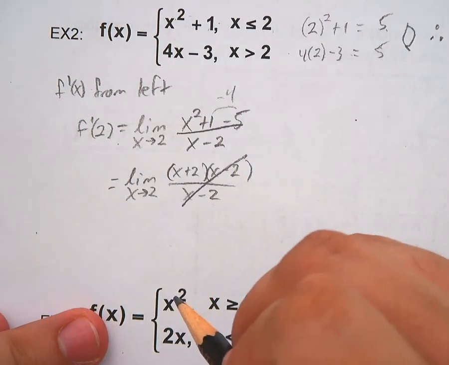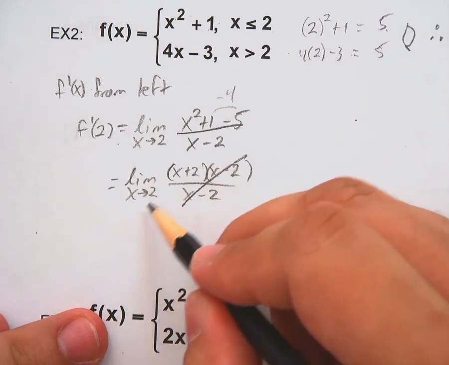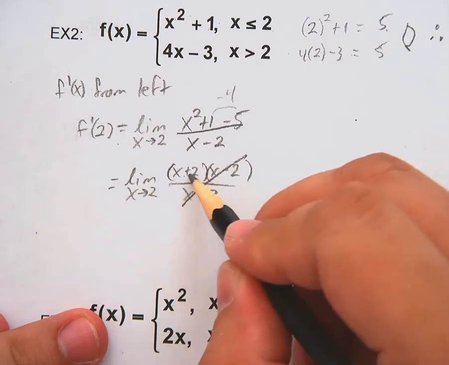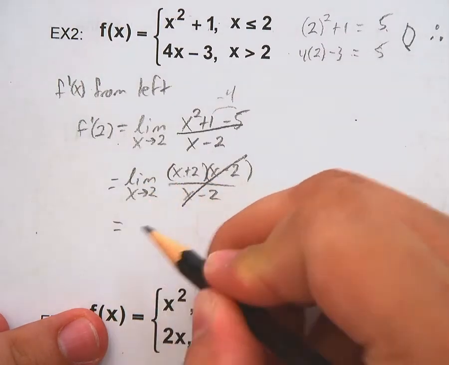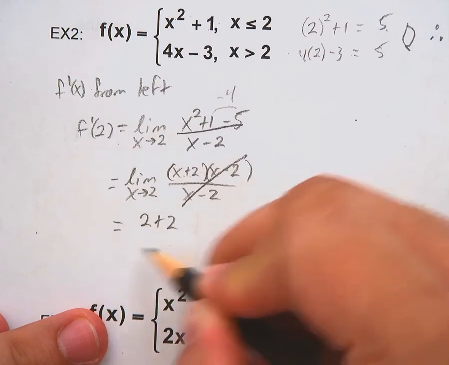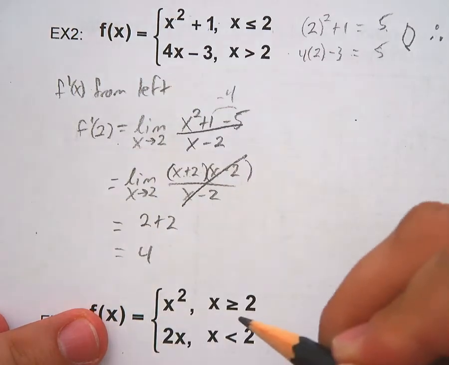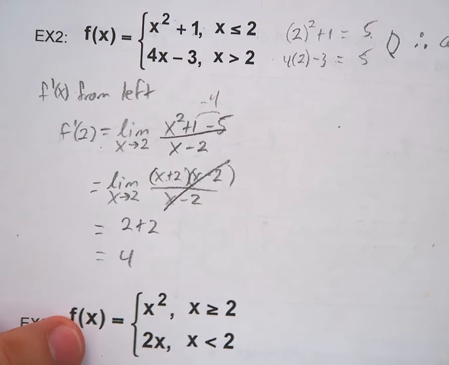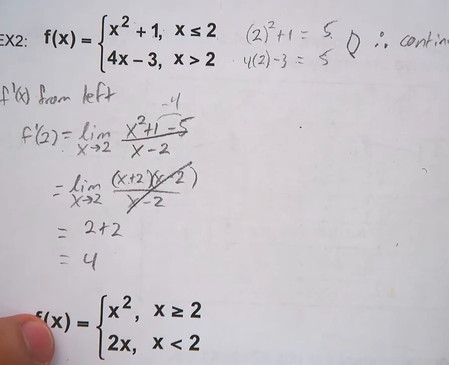Get rid of that. And we've got the limit as x goes to 2 of x plus 2. That's going to be 2 plus 2, which is 4. So the limit from the left is 4. Or the derivative from the left is 4.